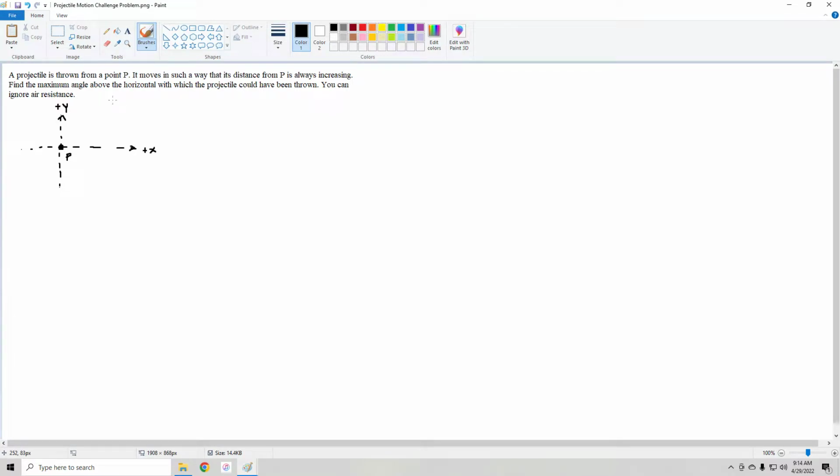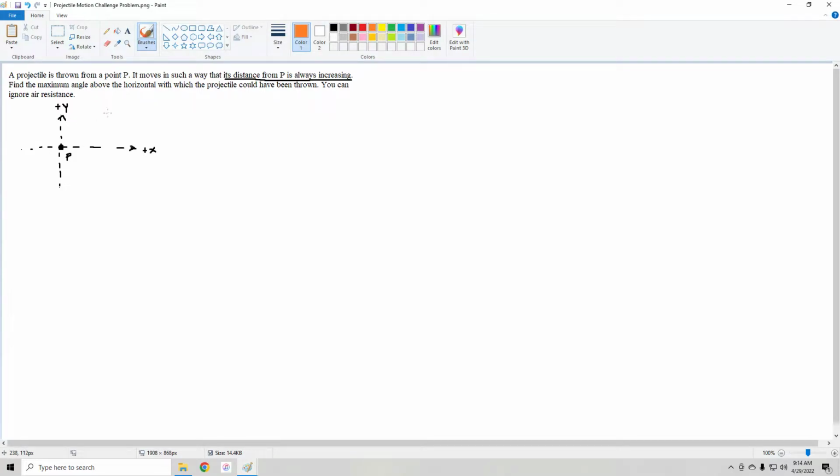And the second sentence says that the projectile moves in such a way that its distance from P is always increasing. Distance from P, or if you want to think about it in terms of the drawing, the projectile's distance from the origin is always increasing.